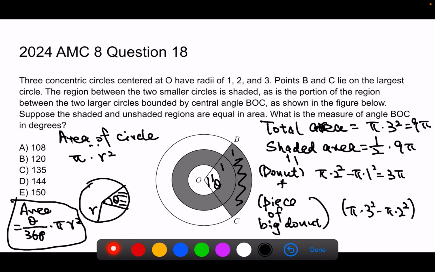But the shaded part is not this whole donut. It's a small piece of it, depending on the angle. So theta divided by 360 times pi times 3 squared minus pi times 2 squared, which is basically theta over 360 times 5 pi.